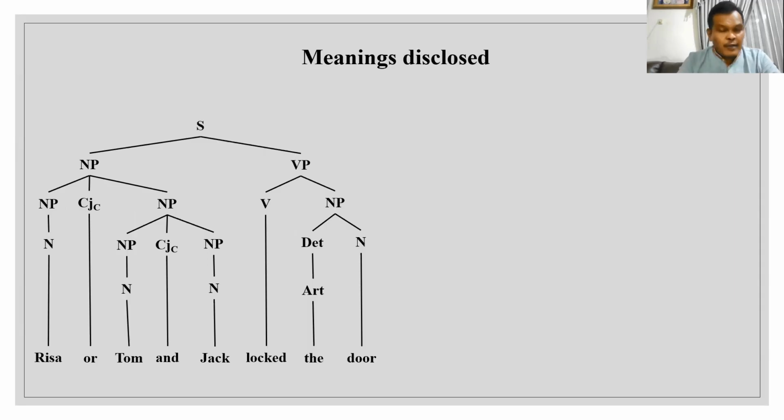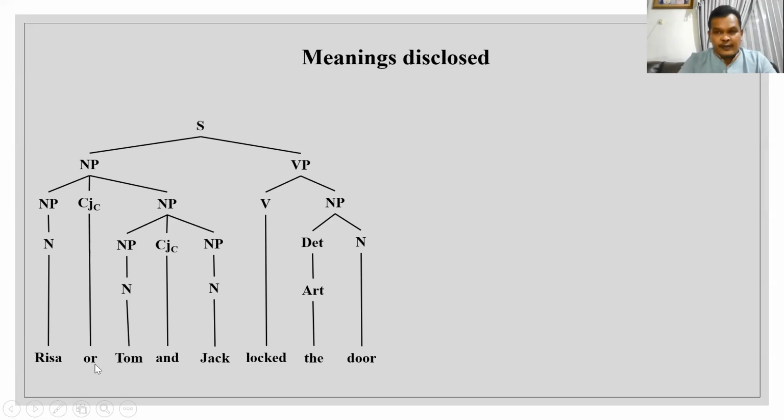In other words, the ambiguity in this sentence is caused by the coordinate conjunction. Now, we can see here that the NP separates two NPs by using the coordinate conjunction "or".